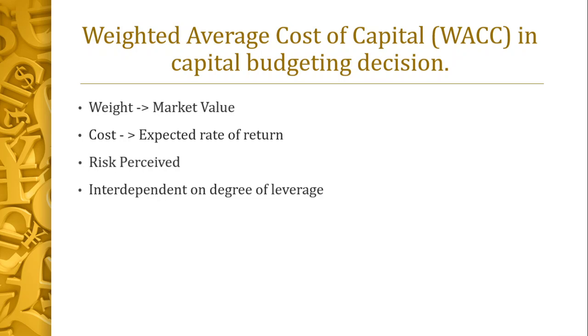Having said that, the optimum capital structure is assumed at a point where the weighted average cost of capital is minimum for each project. And it is nothing but the minimum rate of return from each project to pay off the expected return of the investors. Now, do not get confused.